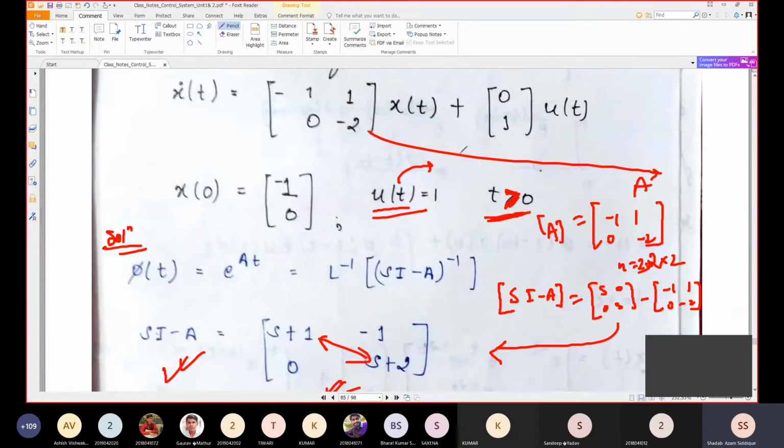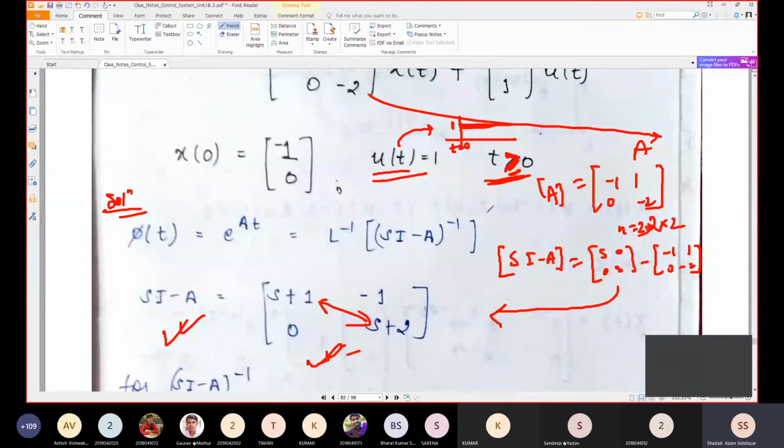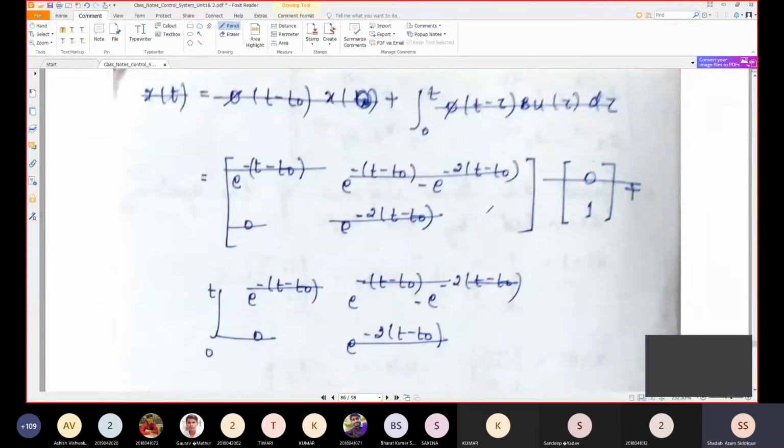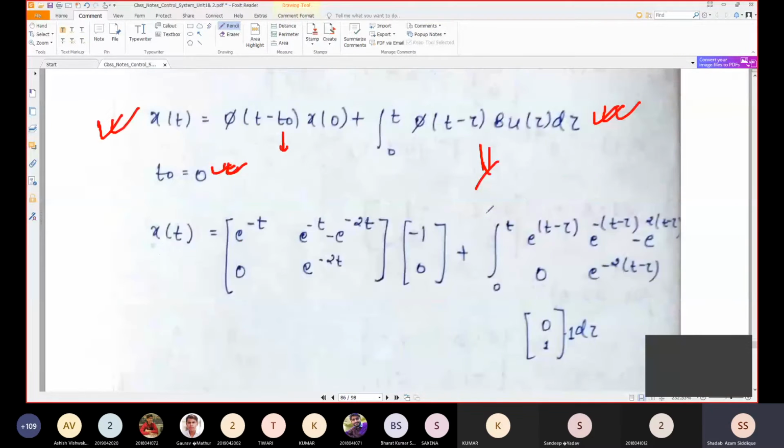At t equal to 0 you can also define a value. So we have t is equal to t naught, and t naught is nothing but 0, so you can simply substitute. Then t minus t naught is nothing but t only, because t naught equal to 0.